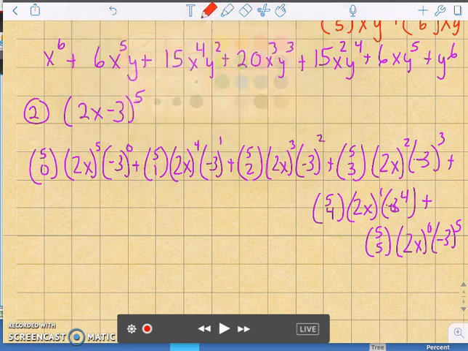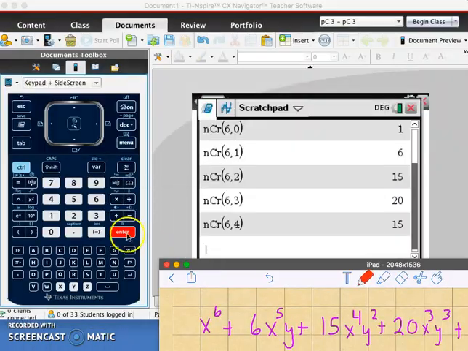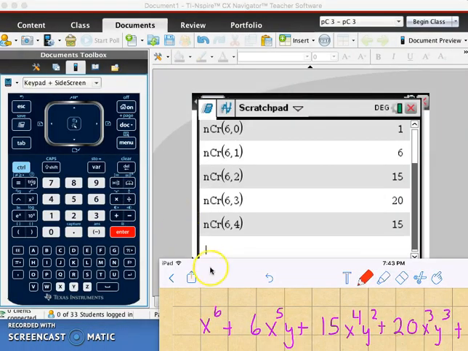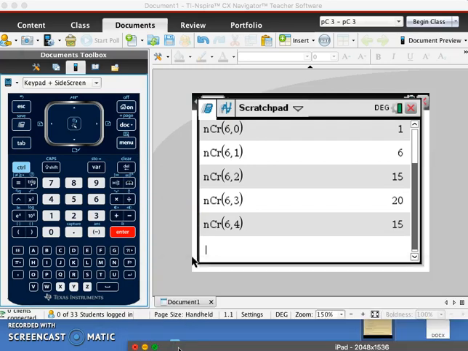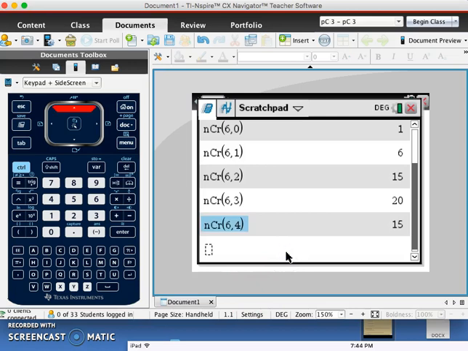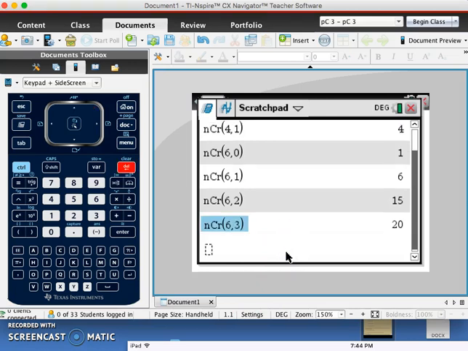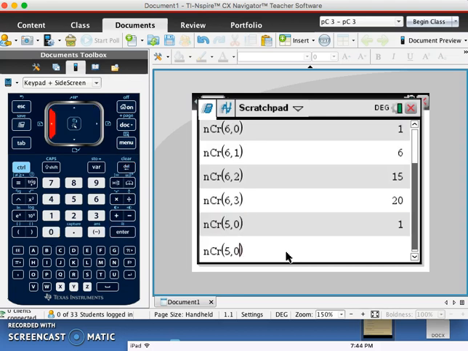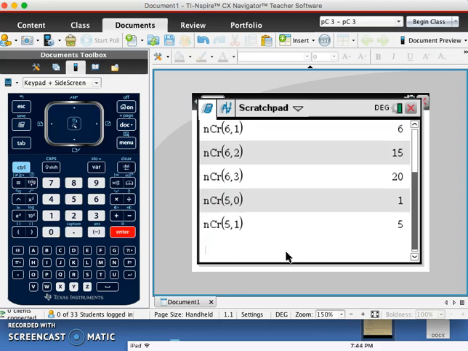So again, we have to go to our calculator, and now we need all the 5s. 5, comma 0, 5, comma 1. Those are pretty easy.